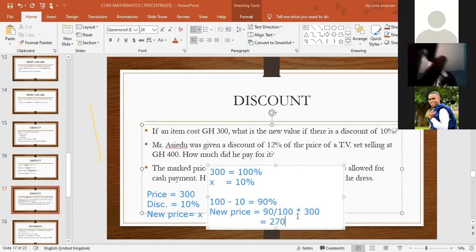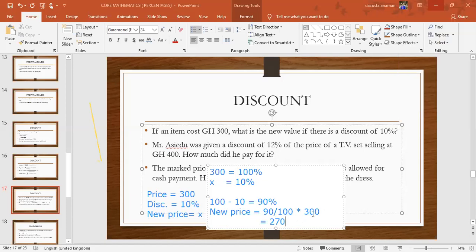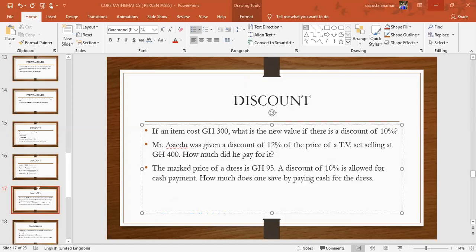So instead of paying 300 Ghana cedis for that item, the person will pay what? 270 Ghana cedis. So let's go back to the formula that I showed you.